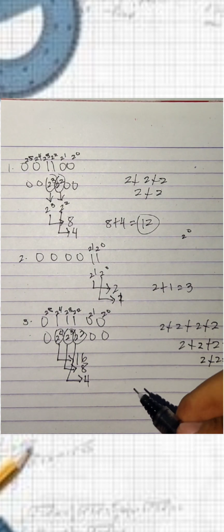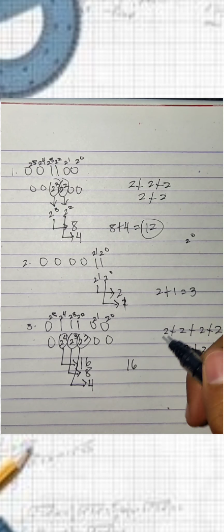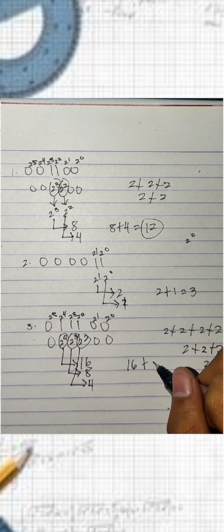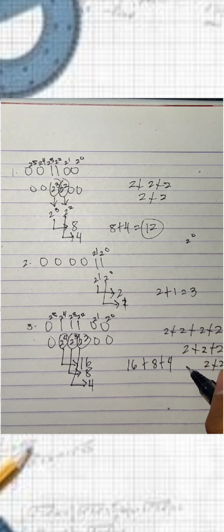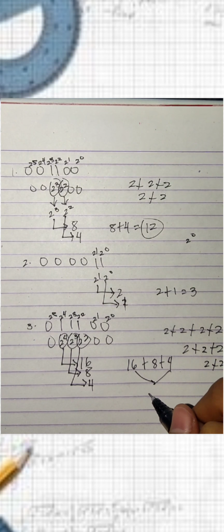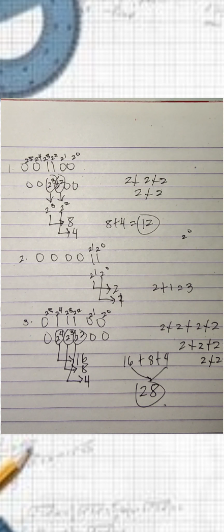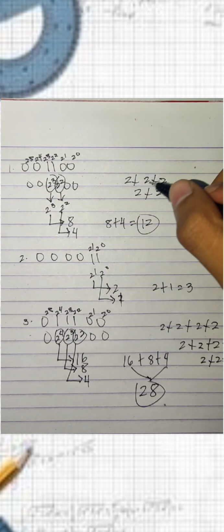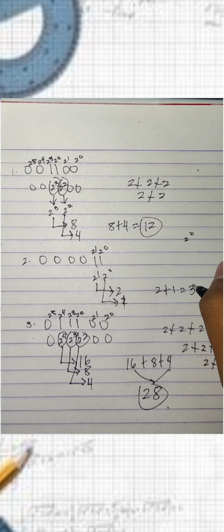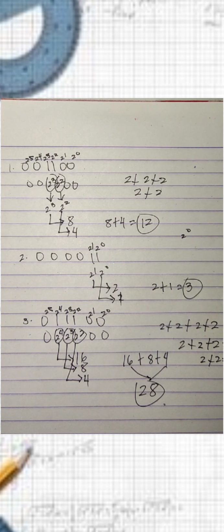So, pagpaplasin na natin silang tatlo, 16 plus 8 plus 4 is equals to 28. So, ito na yung decimal equivalence natin. Itong number 1 natin is 12, number 2 natin is 3, at saka number 3 natin is 28. Yan lang. Thank you.